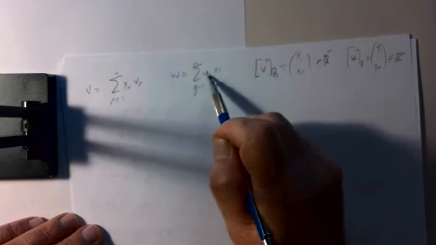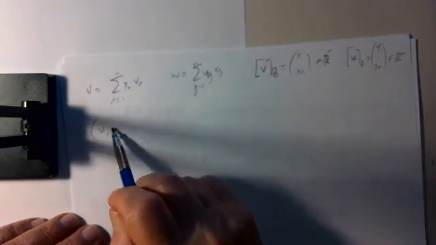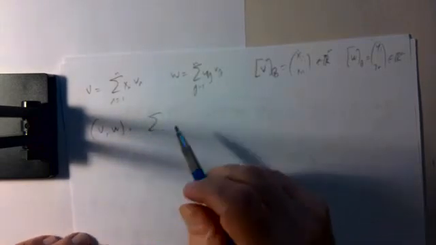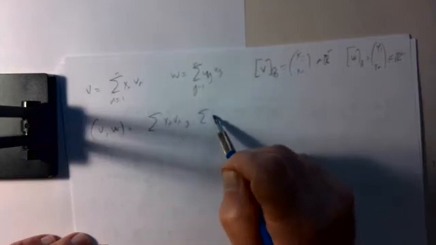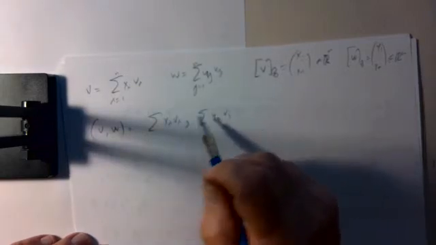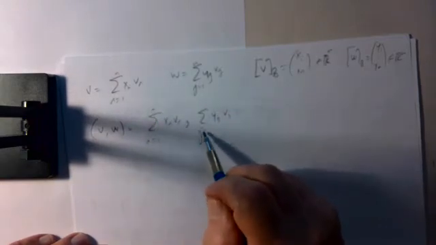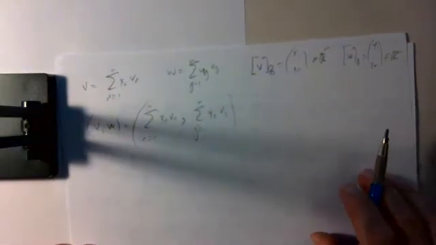Let me use the letter j here just to make it easier. So what is the inner product of V and W? That's the summation of xi vi, inner product with the summation of yj vj, i goes from 1 to n, j goes from 1 to n.